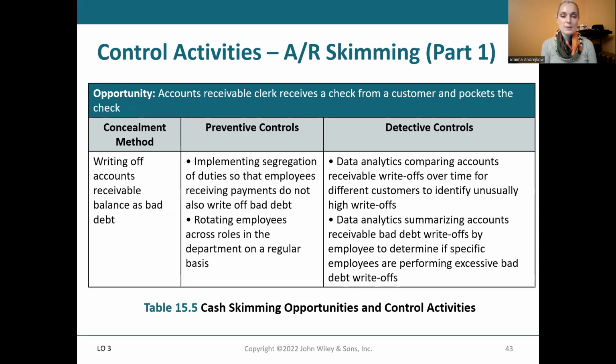For detective control, we can use data analytics to compare accounts receivable write-offs over time for different customers to identify any unusually high write-offs. So for example, if my customer is ABC company, and for the last 5 years, they have paid off their AR in a timely manner, and this year we're writing it off, and we know there's no industry shocks that the company experienced that would prevent them from paying, you would need to investigate.